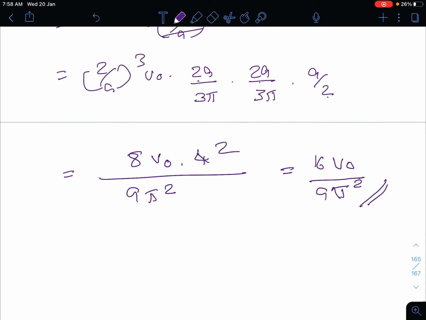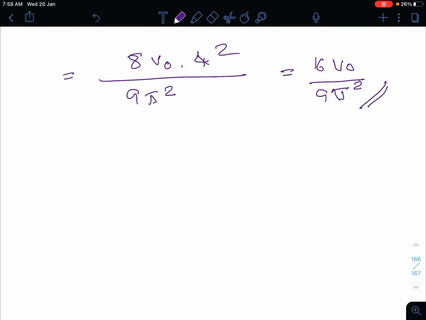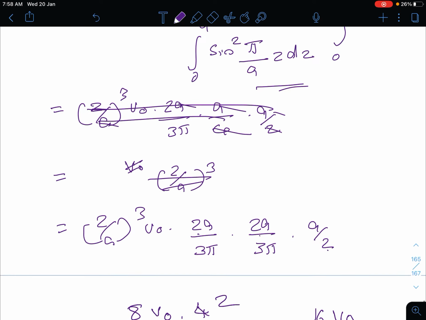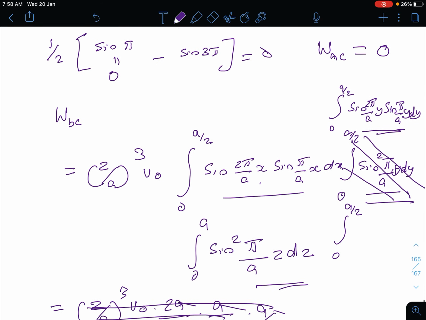Okay. So when I construct, I'll be taking v0 by 4 outside for the sake of simplicity because many of the terms will have v0 by 4.